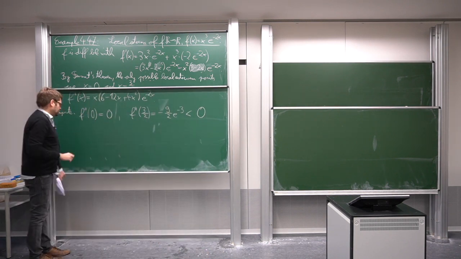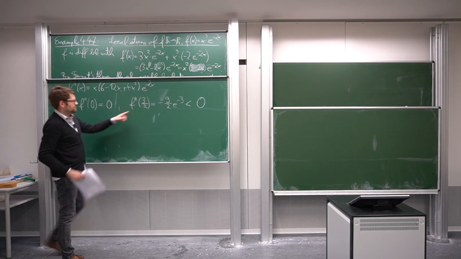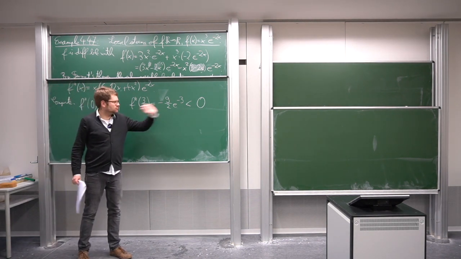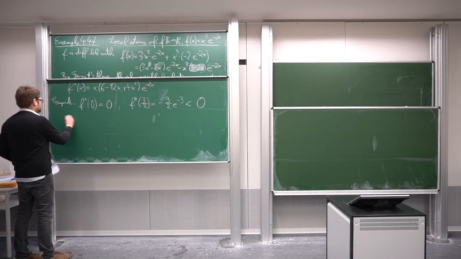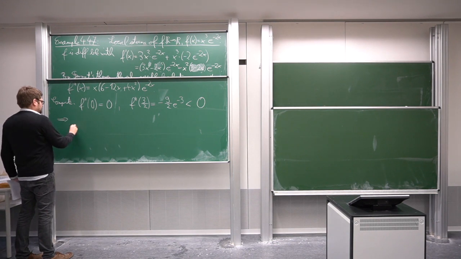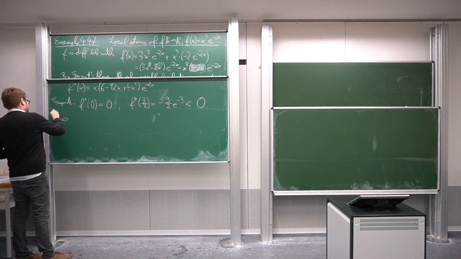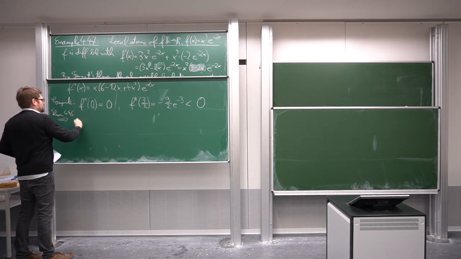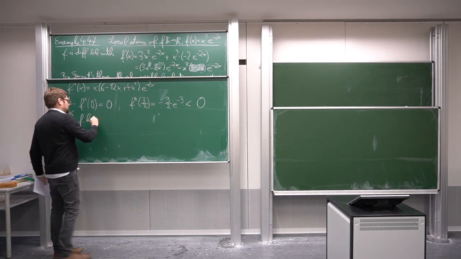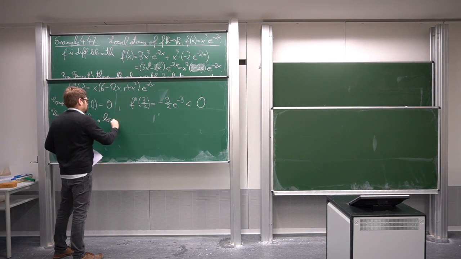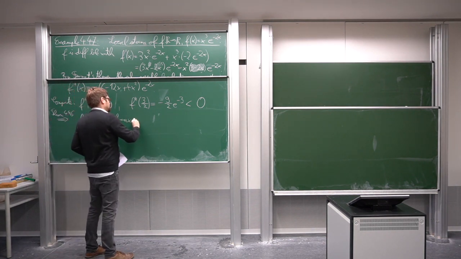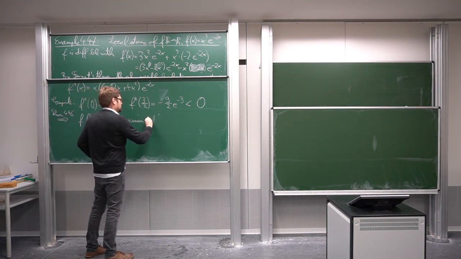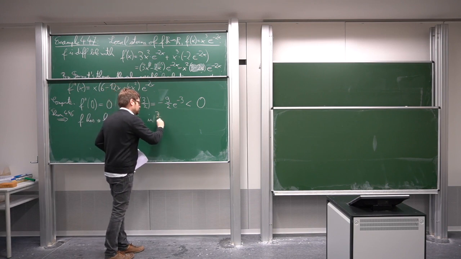The first thing we can observe: the second derivative here is negative, so it's an even derivative, which is the first non-vanishing one. This means, by Theorem 446, that f has a local maximum in 3/2.